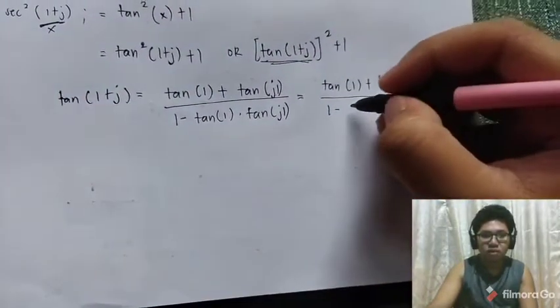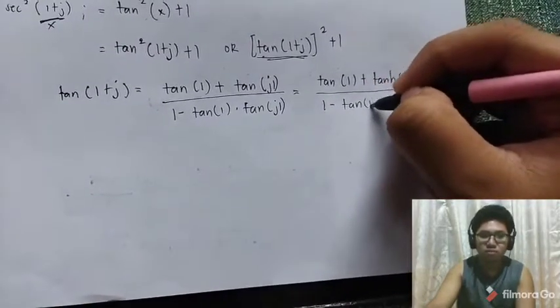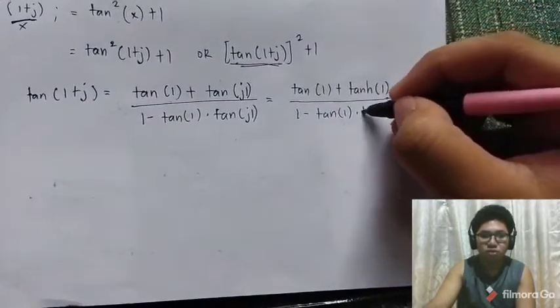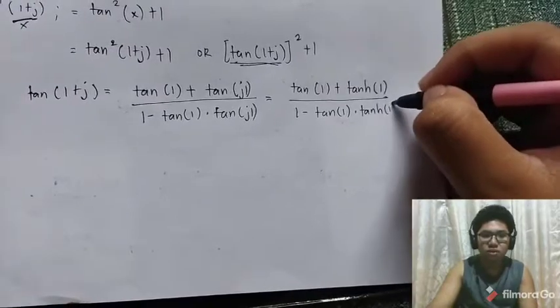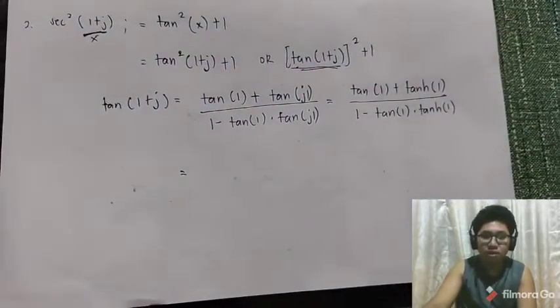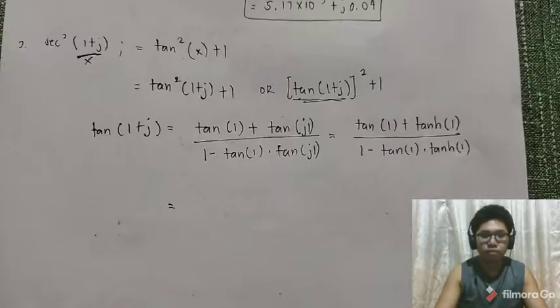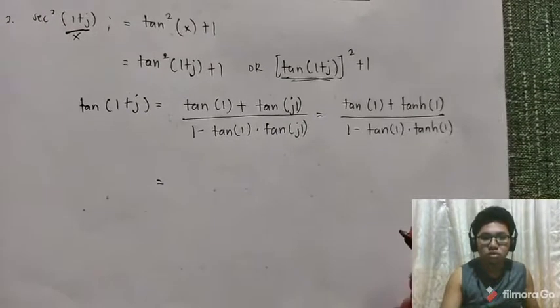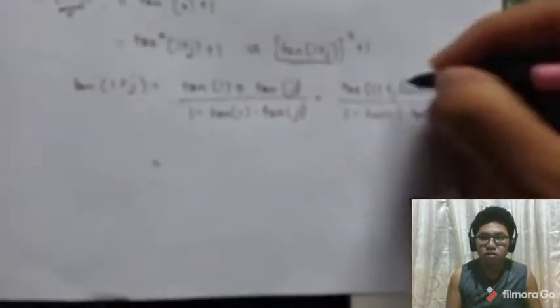So our y here is just 1, all over 1 minus tangent of 1 times j times the hyperbolic function of tangent 1. I forgot to put the j in the hyperbolic function of the tangent, so I will just put j on the front.